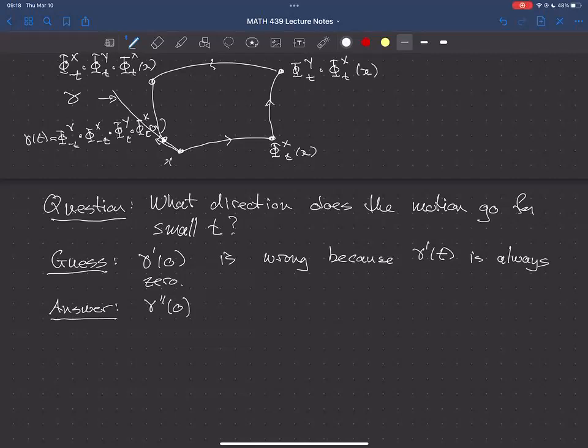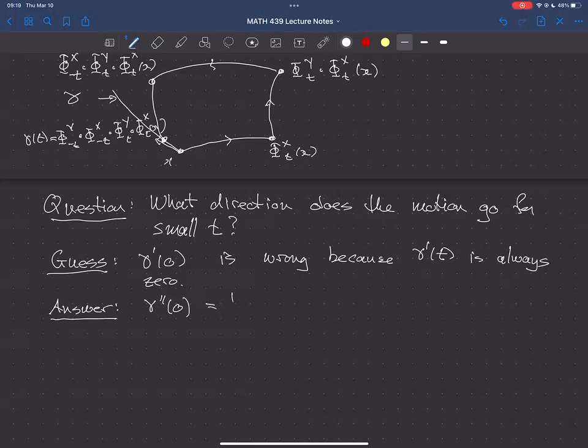Actually, this isn't going to be a question on the final exam, but the point is that the second derivative makes sense in cases where the first derivative is 0.